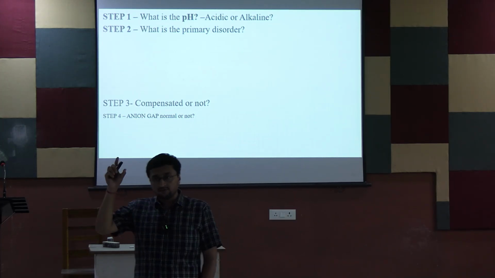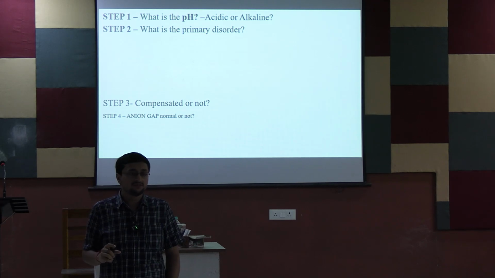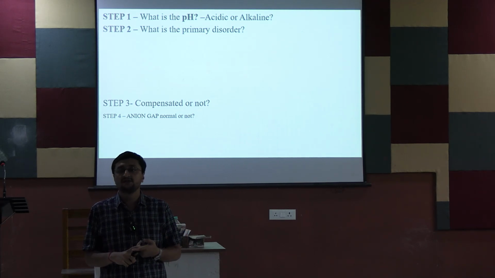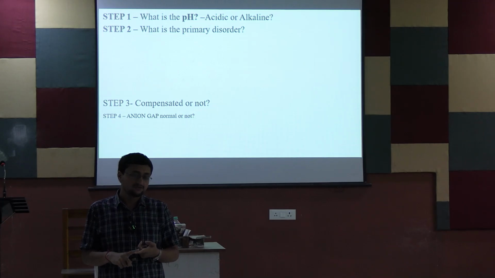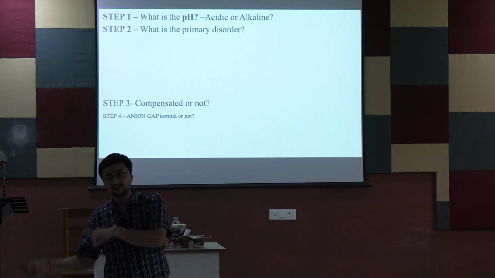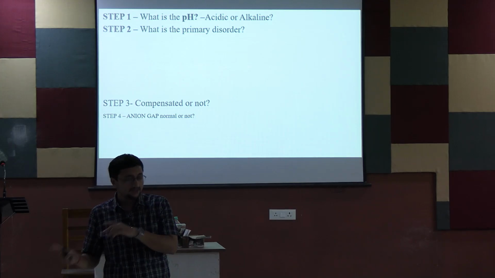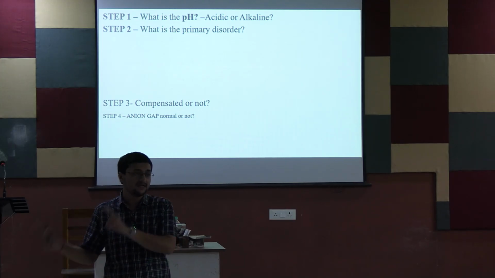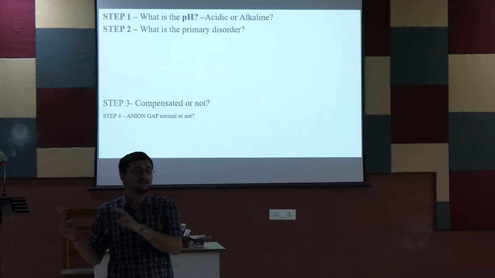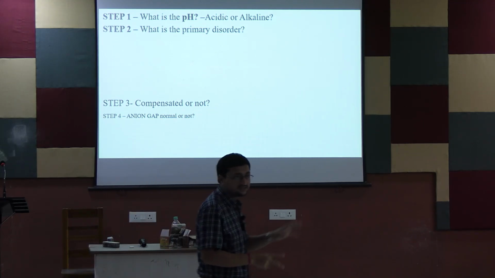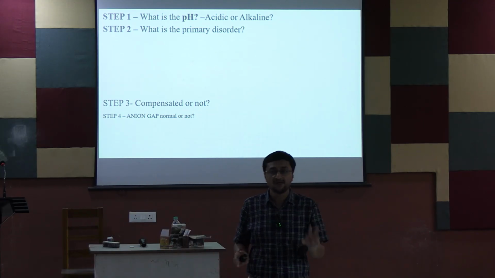So what are the 4 primary disorders? Metabolic acidosis, metabolic alkalosis, respiratory acidosis and respiratory alkalosis. Metabolic acidosis is compensated by respiratory alkalosis, metabolic alkalosis by respiratory acidosis, respiratory acidosis by metabolic alkalosis and respiratory alkalosis by metabolic acidosis. So these are the compensations. The primary disorders are the 4, 2 metabolic and 2 respiratory.